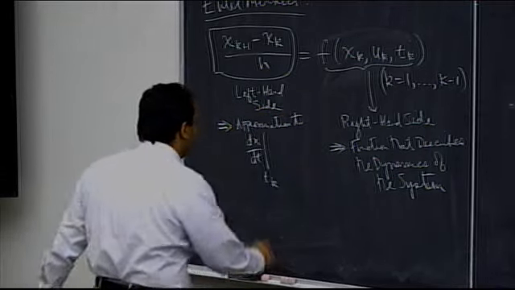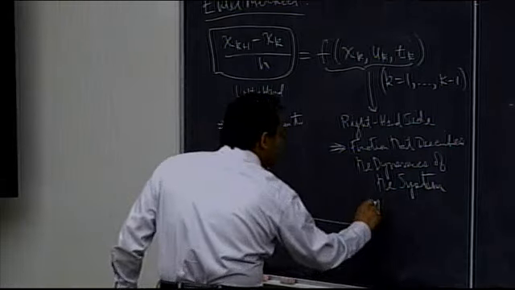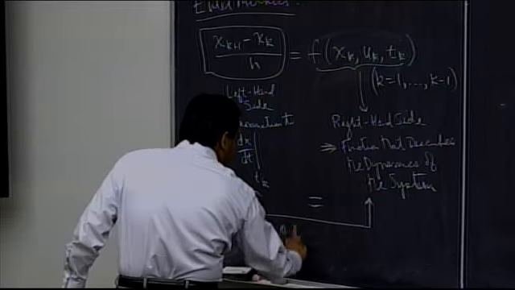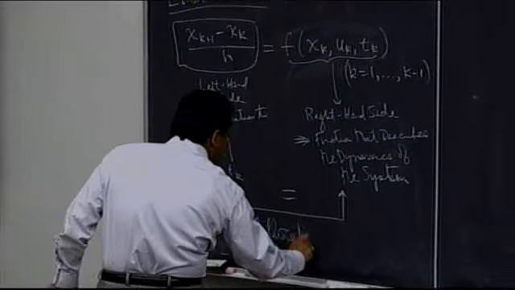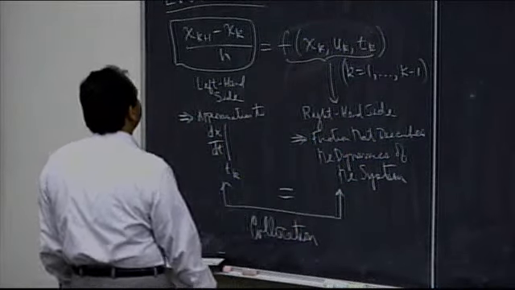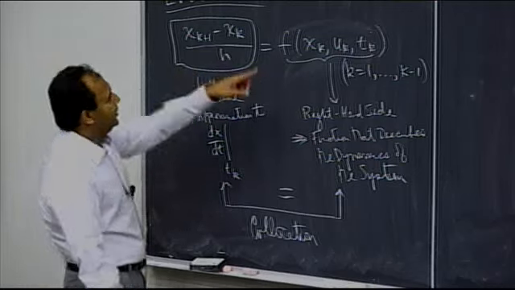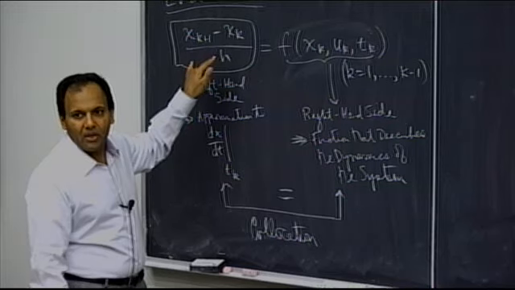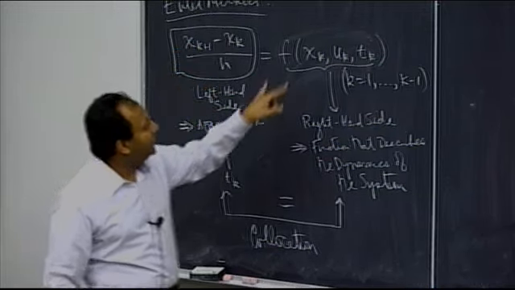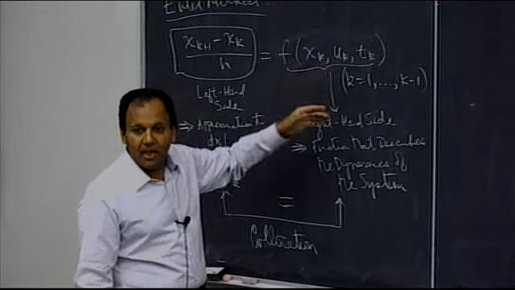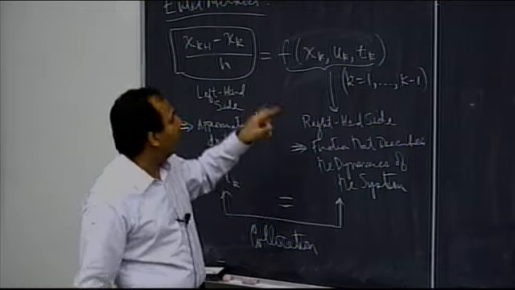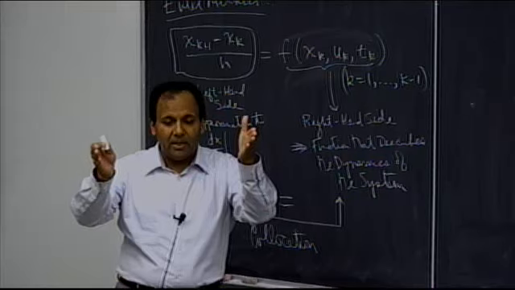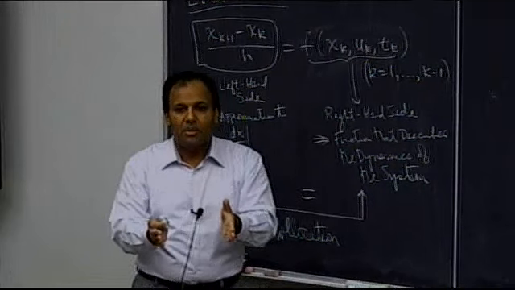So since these two things are being set equal to each other, this is what's called collocation. Why is it called collocation? It's because I'm putting two things in the same place, right? This is being approximated at time t_k. This is the value of the right-hand side at time t_k. So I'm putting two things which are different from one another, both evaluated at the same point in time, and I'm setting them equal to each other.